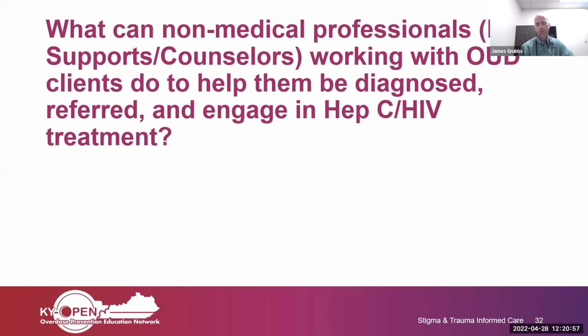There have been programs with testing in jails and certainly in prisons where they found significant rates of HIV, and the proportion of patients living with HIV in the United States that goes through corrections in any given year is significant. So that's a major venue, an opportunity for testing for both HIV and hepatitis C. And there's been more push to do it in some places.